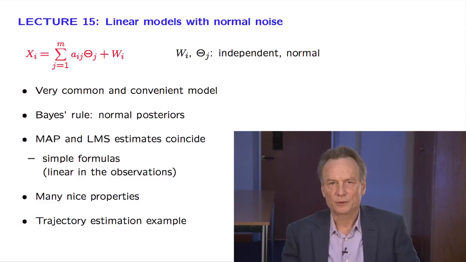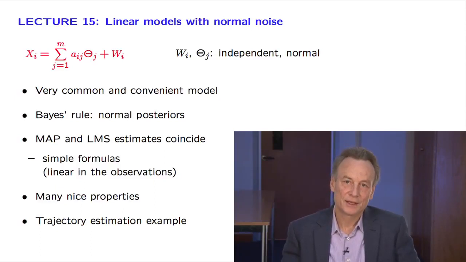For example, it turns out that the posterior distribution of each theta j is itself normal, and that the MAP and LMS estimates coincide. This is because the peak of a normal occurs at the mean. Furthermore, these estimates are given by some simple linear functions of the observations.